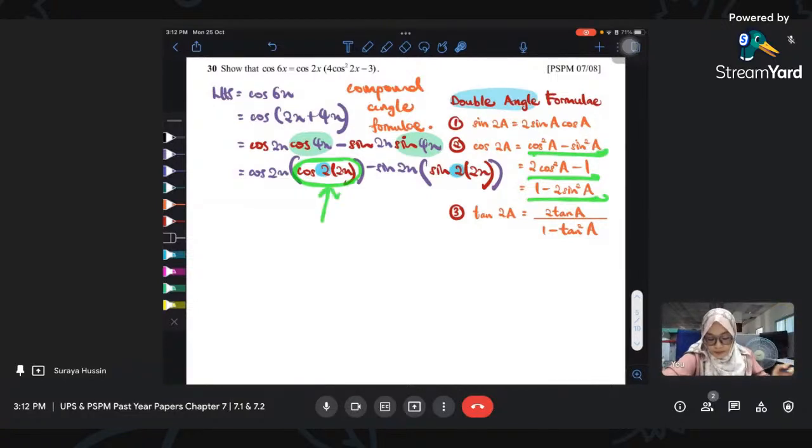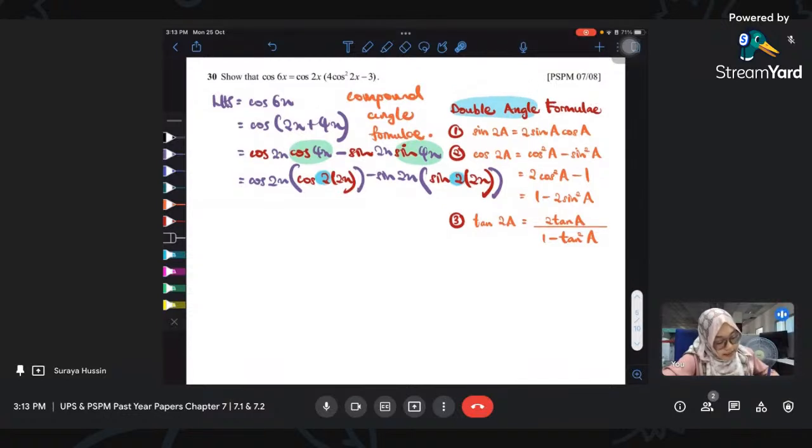Which one? Yang ada cos ke? Sebab everything is cos. Exactly. So here is everything on the right hand side here ada cos. Okay, right hand side ada cos. Cos sahaja. That's why you will be applying the formula yang ada cos sahajalah.